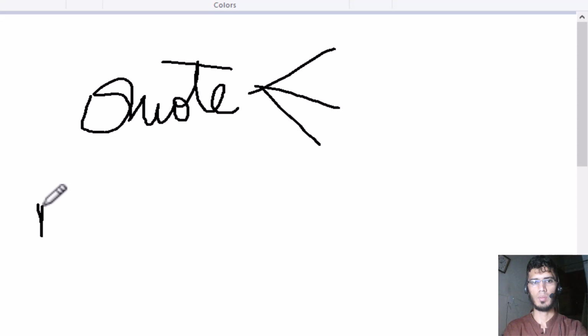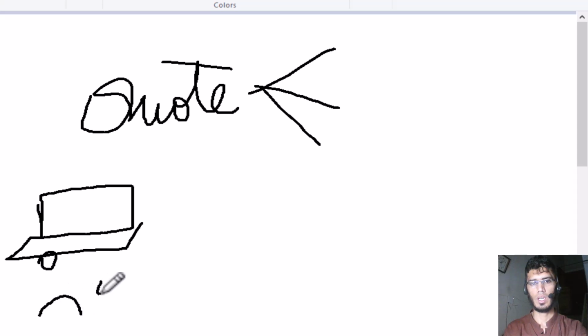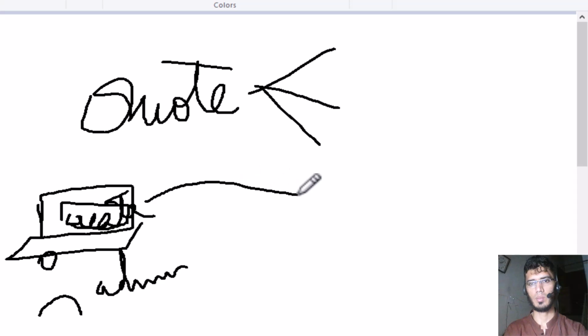Whenever an admin user creates a post, clicking on this create button, we will create an HTTP request. That request will be sent to the server.